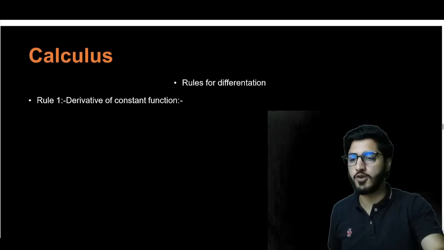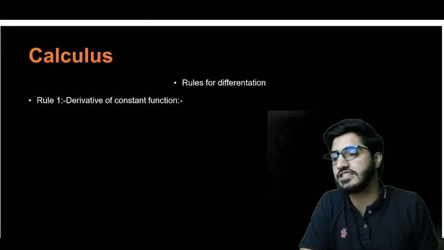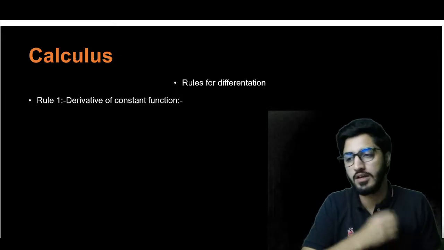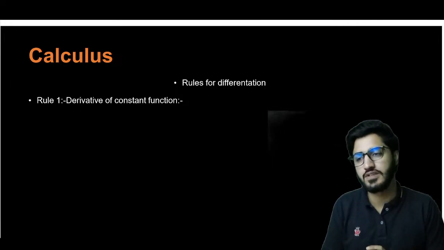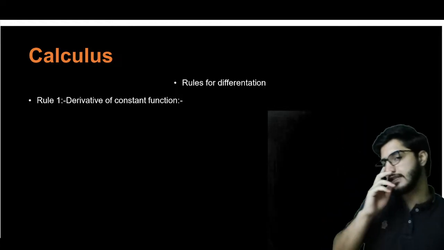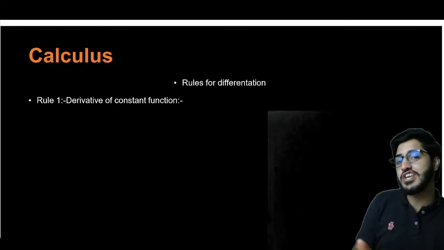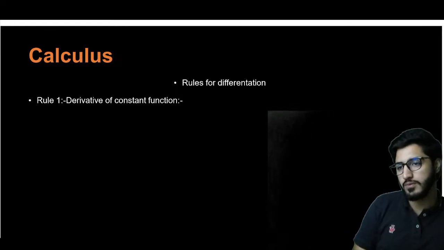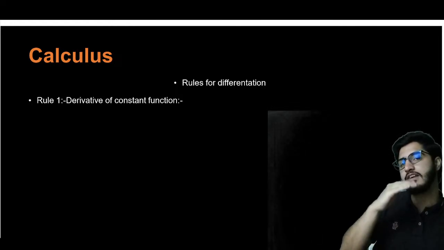Now we have some formulas for differentiation. Firstly, the derivative of a constant function. If we change something, is it possible that we can change a constant also? No. A constant is something that has a fixed value.